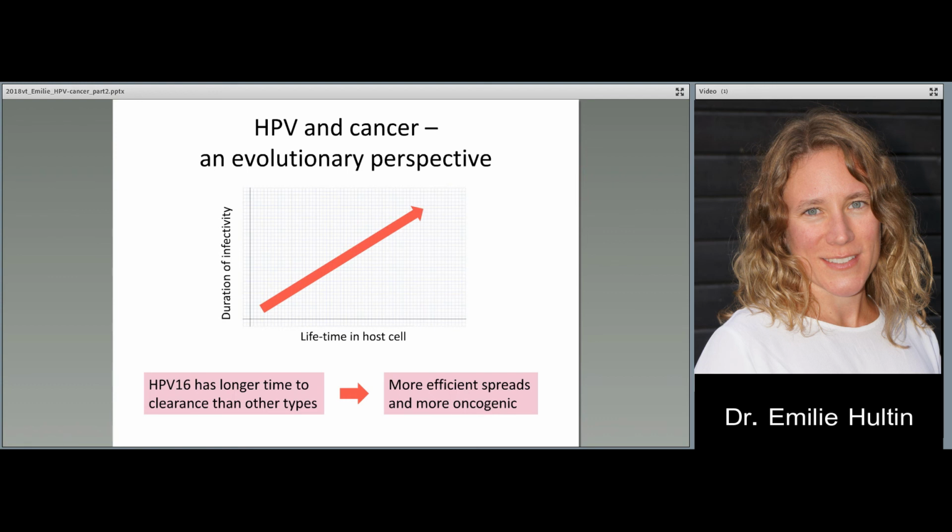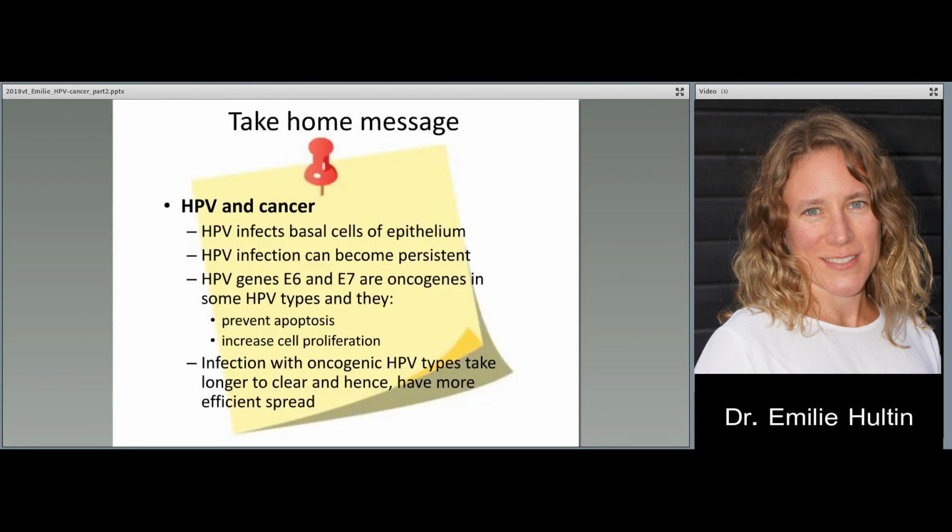However, the drawback is that the reason they can stay long within the host is that they are more oncogenic.